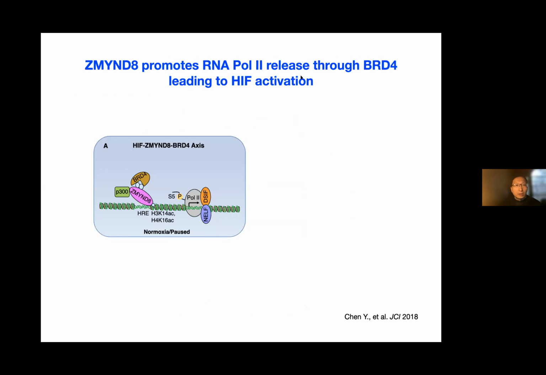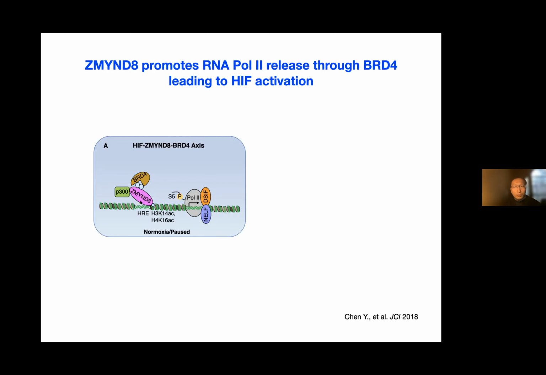We did a lot of experiments to elucidate the mechanism of Z1D8-induced HIF transactivation. We found under normoxic conditions, Z1D8 is associated with a hypoxia response element, and Z1D8 can be acetylated by the acetyltransferase P300. This acetylation can recruit another bromodomain protein, BRD4.